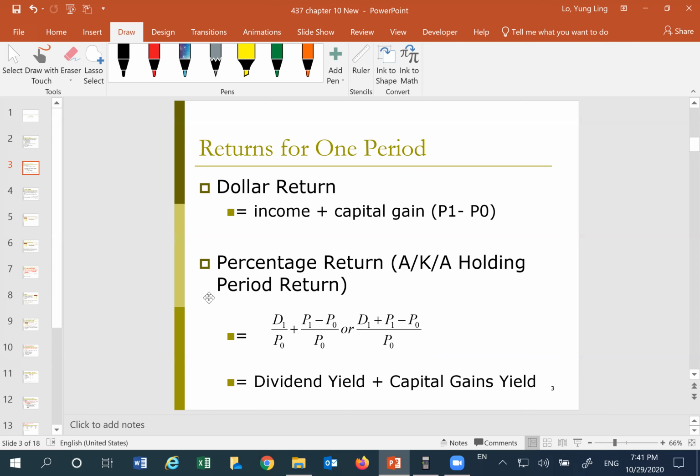Now, why do we also need to know how to calculate the holding period return? Well, let's look at this comparison.